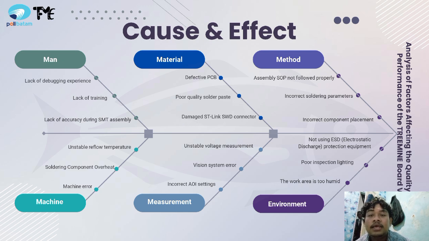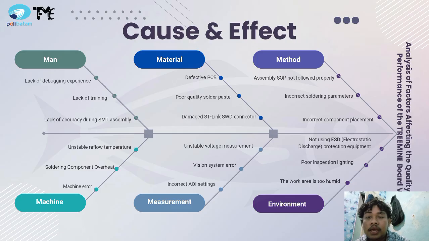Then is material, including defective PCB, poor quality solder paste, and damaged ST-Link connector. Then is method. This issue may occur if the assembly SOP is not followed, soldering parameters are incorrect, or components are placed incorrectly. Then is machine, such as machine error, unstable reflow temperature, or component overheating during soldering.